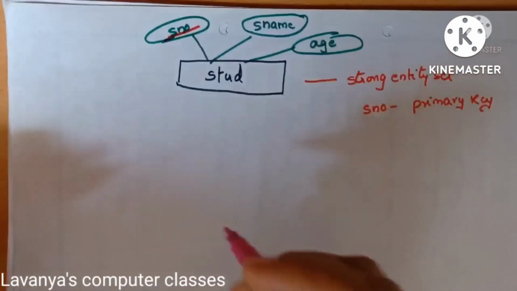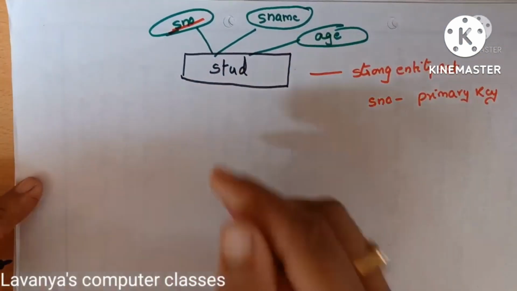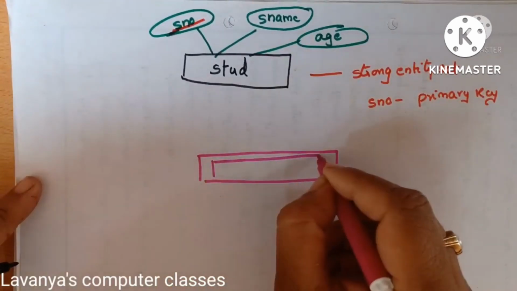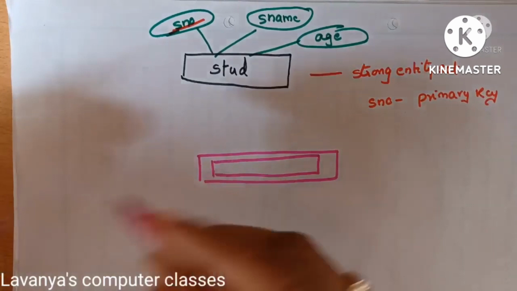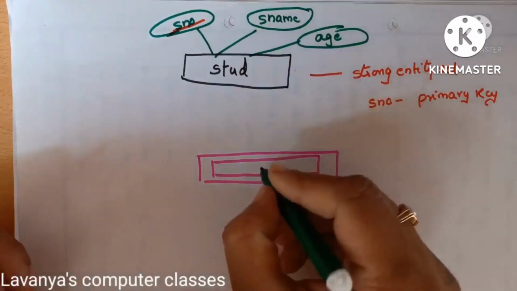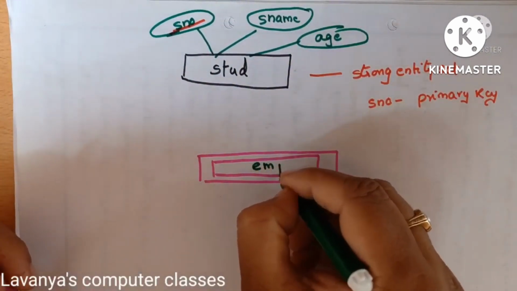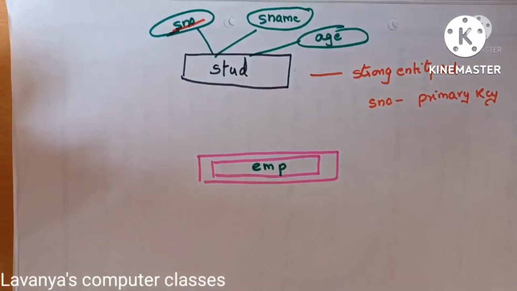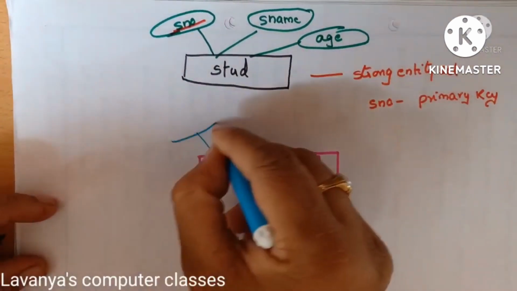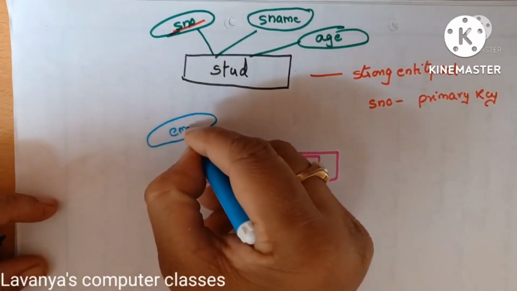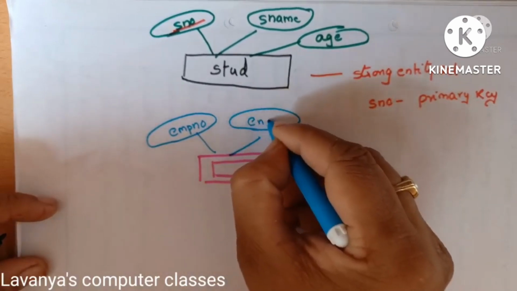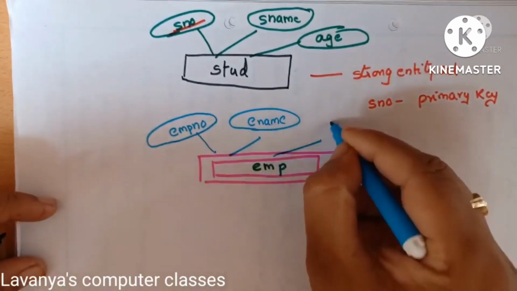Weak entity set means there is no primary key concept. Double rectangle. Inside the double rectangle we use the employee table. Employee table has employee number, employee name, organization name.